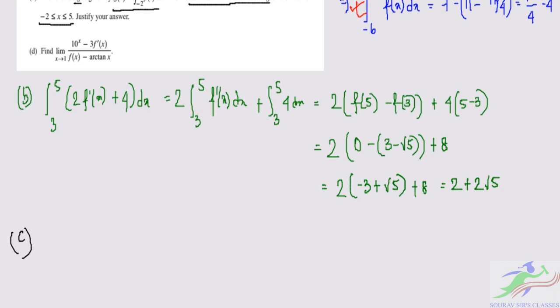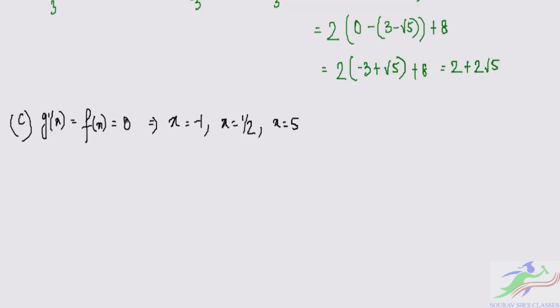So we have C. g prime of x is equal to f of x is equal to 0, which implies that x is equal to minus 1, x equal to half, and x equal to 5.